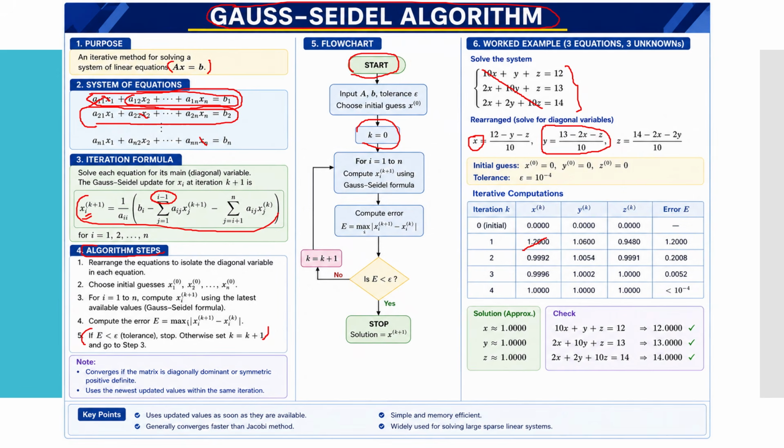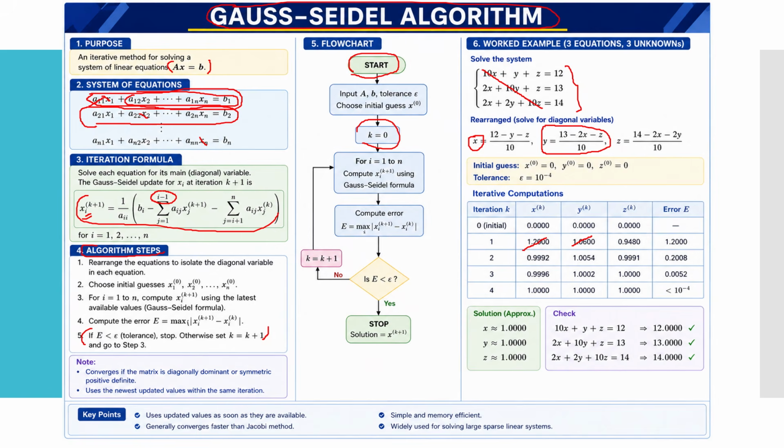So to calculate the first iteration for y, y is equal to 13 minus 2 times the new value of x, 1.2, minus 0, over 10. So it will become 1.06.